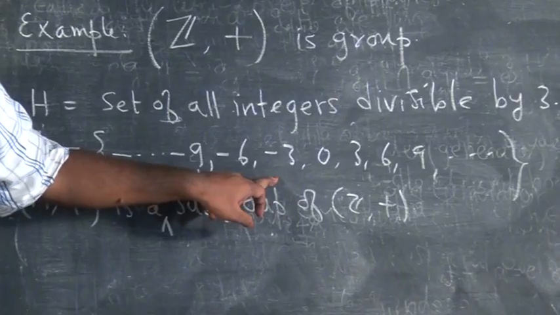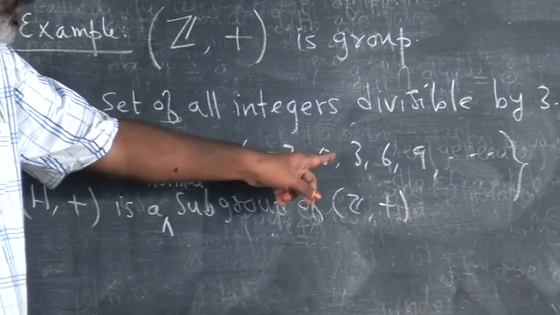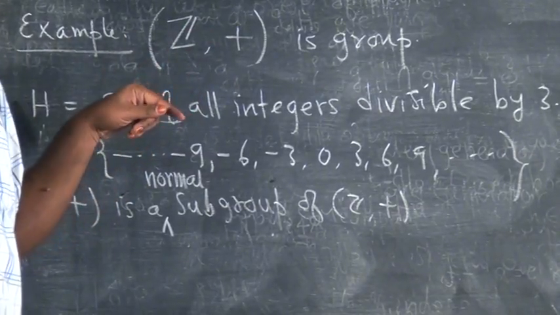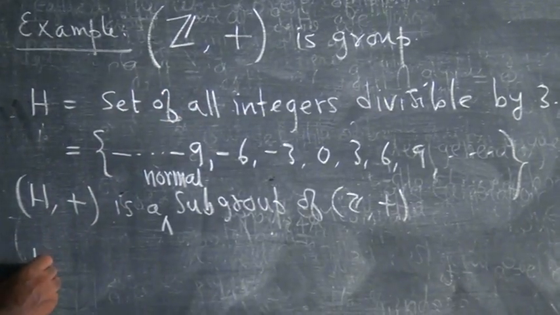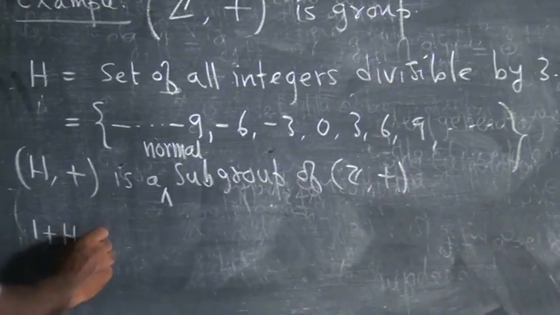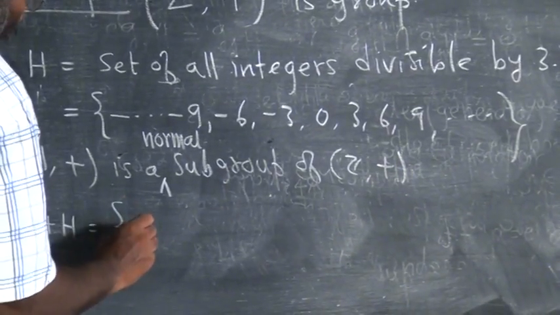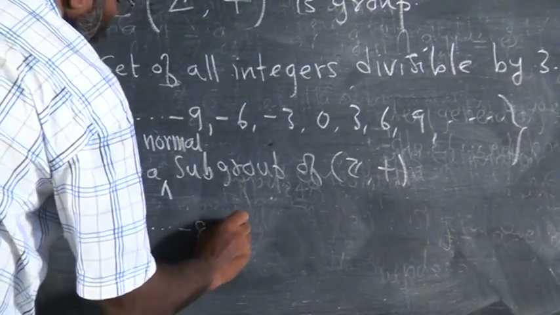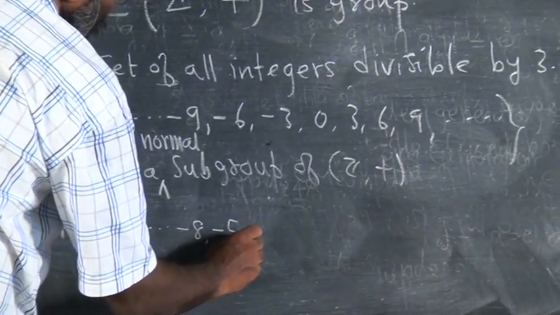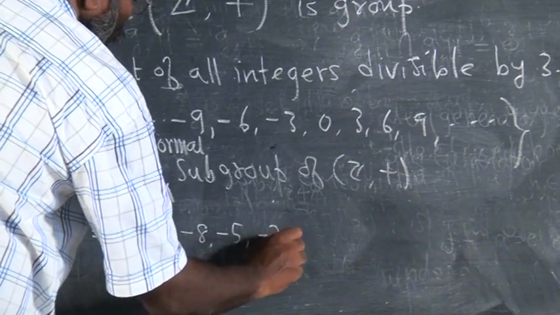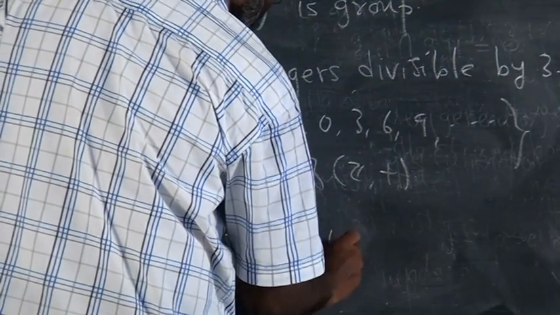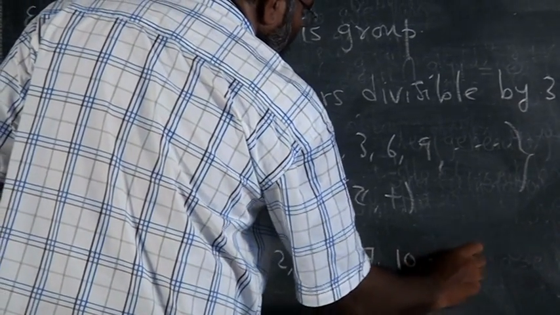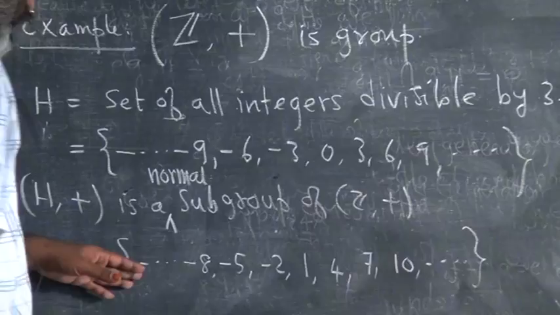There are many elements, but let me take 1, which is not there, so I can write a coset with 1. So 1 plus H is equal to minus 8, minus 5, minus 2, 1, 4, 7, 10, and so on. This is not a group, but this is a coset.